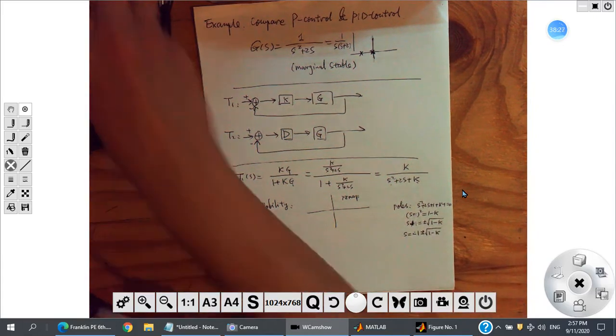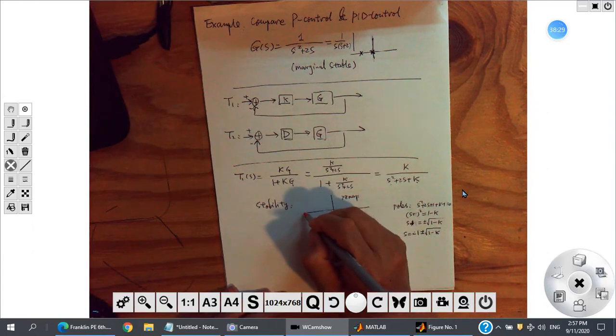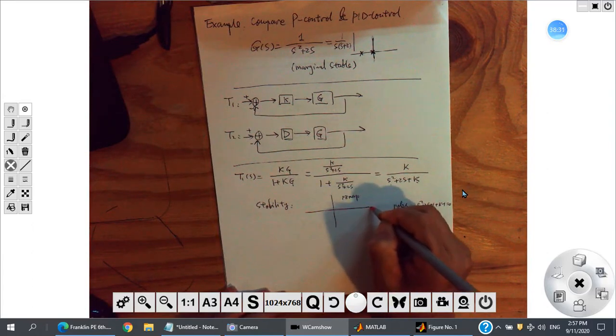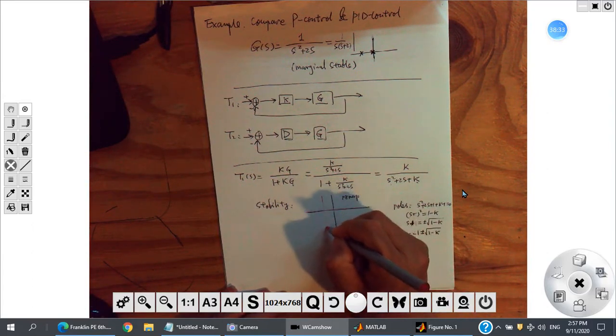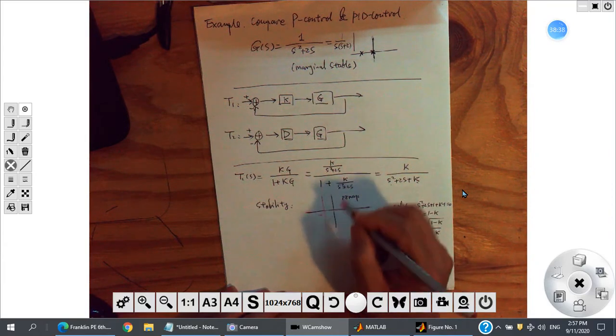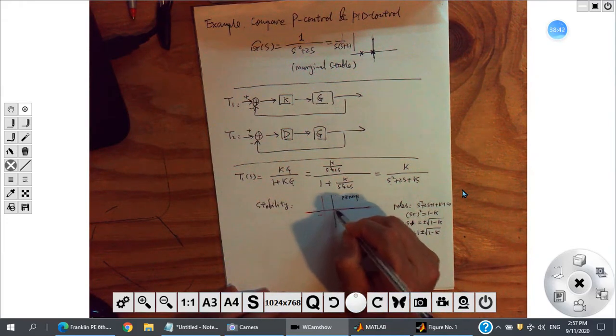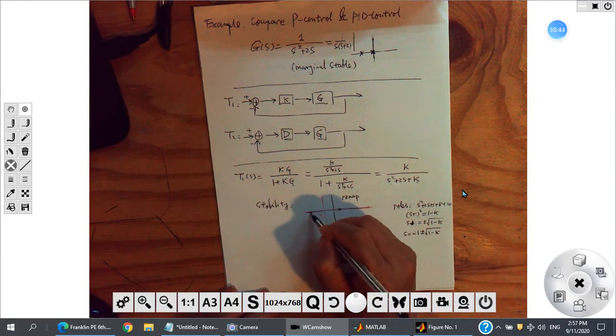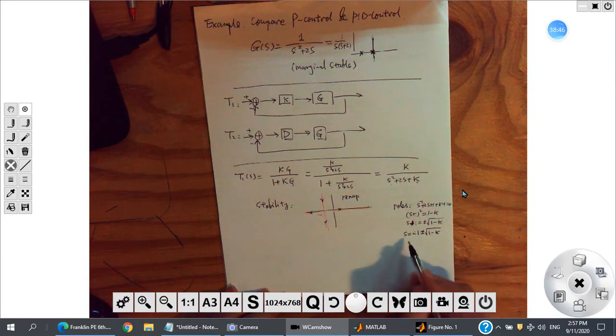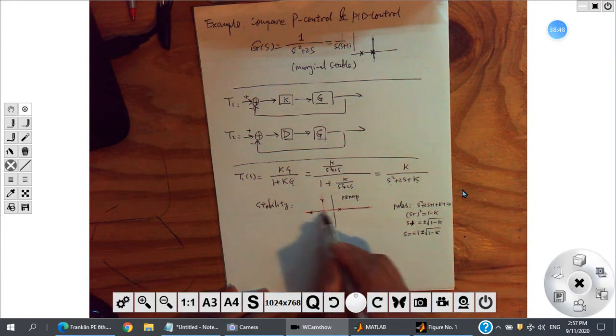So the poles are on the real axis, and here's negative 1. So along this cross, along these red lines, the pole will be somewhere here, or here, or here.